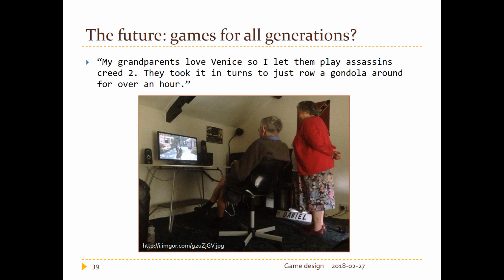So, well, you can read it for yourself. "My grandparents love Venice, so I let them play Assassin's Creed 2. They took it in turns to gesture around with a gondola for over an hour." I think that is really sweet, and it's also interesting so you can think about what a game really is and who should be playing it, and does playing a game really make sense, or could it be something else?